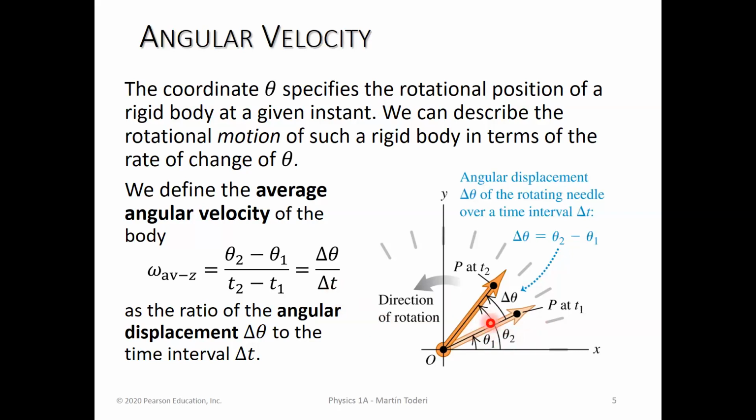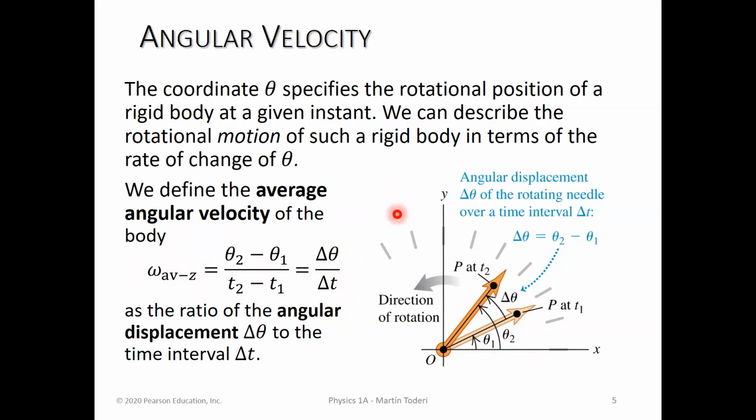So the difference between those two will be the displacement that the position had in terms of the angle, right? And that displacement divided by the time in which that happened, the time interval, gives the average angular velocity. So this is not instantaneous, right?